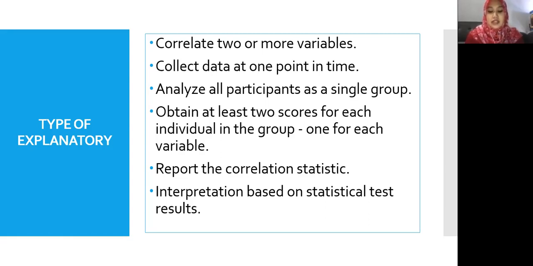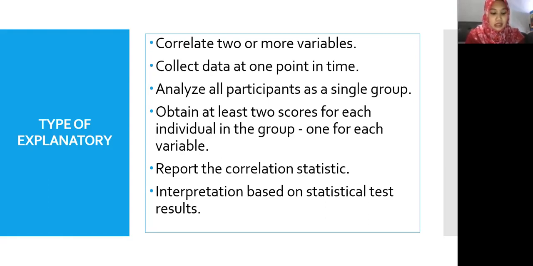And in explanatory correlation research, the investigator is not interested in either past or future performance of participants. And the investigator analyzes all participants as a single group. The researcher collects scores from only one group and does not divide the group into categories or factors.